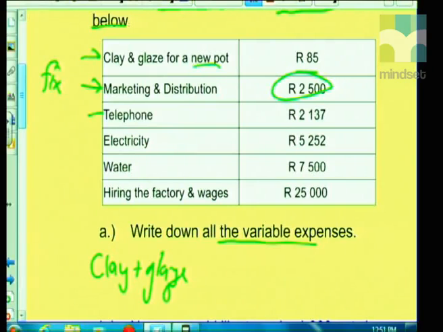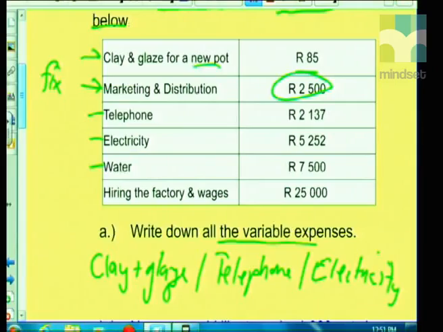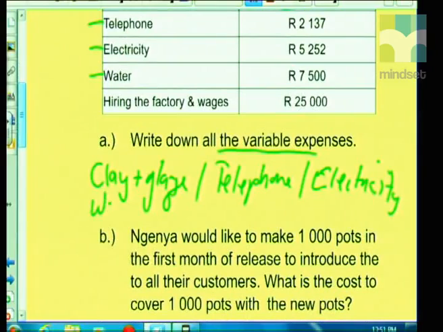Telephone and electricity, I think that's definitely variable. So, because you don't know from 1 month to the next how many times people are going to speak on the phone, and unless you've got a bundle that allows you unlimited time on the phone, you're going to be changing your telephone costs and electricity costs every month. What about water? Water would also be variable. It's not likely to be fixed.